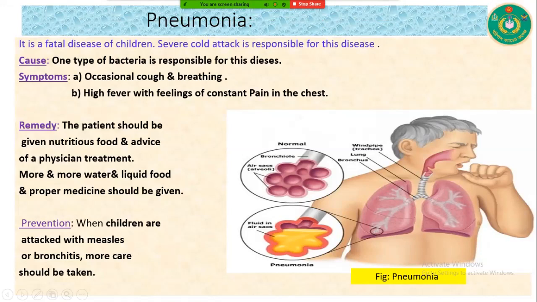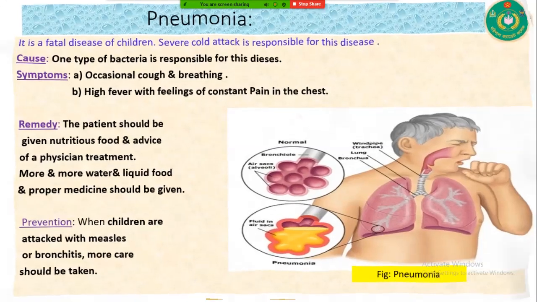The patient should be given nutritious food and the treatment advised by a physician, more water and liquid foods, and proper medicine should be given. Prevention. When the children are attacked by bronchitis, more care should be taken.